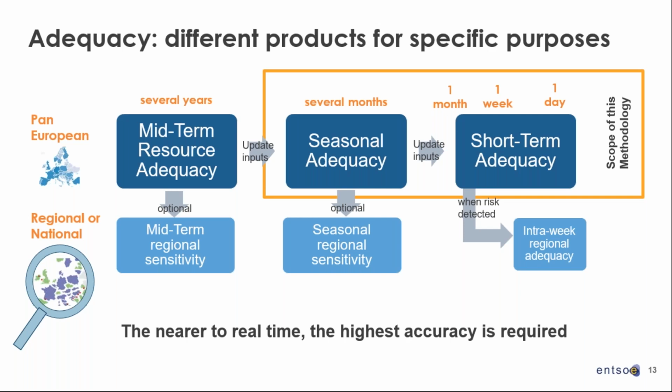So it's another methodology that is being drafted also currently in the clean energy package. It's another regulation, but there are some synergies, and there are very important links to seasonal outlook several months ahead, where we will also have a similar probabilistic approach, that we are implementing now.